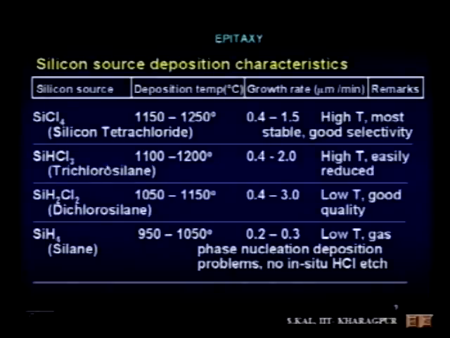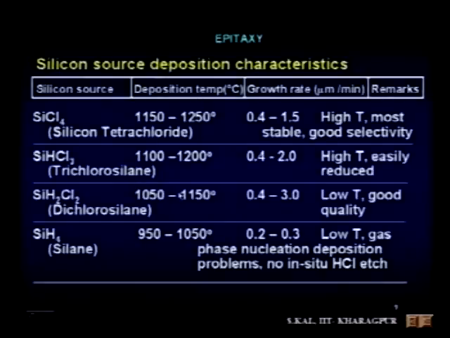Trichlorosilane, SiHCl3: 1100 to 1200 degrees centigrade, here the growth rate is 0.4 to 2 micron per minute, higher than silicon tetrachloride, and here also temperature is high, but it is easily reduced, that is the disadvantage. The third one is dichlorosilane, SiH2Cl2.